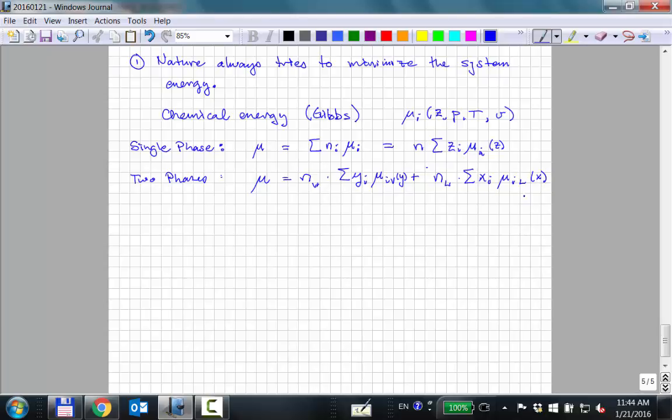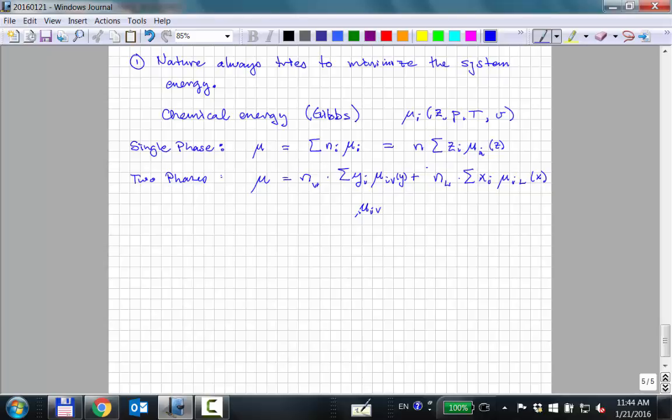In this case, we have the constraint that Mother Nature says that a component I needs to have the same level of happiness or energy if it's in the liquid phase or the vapor phase. So if Mary Jo is swimming around in the liquid phase and wants to jump up into the vapor phase, Mary Jo can do that without any gain or loss of happiness or energy.